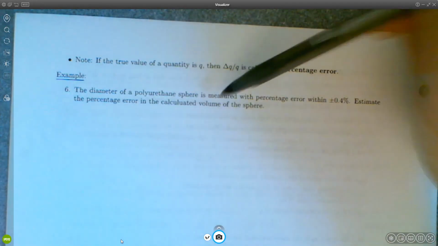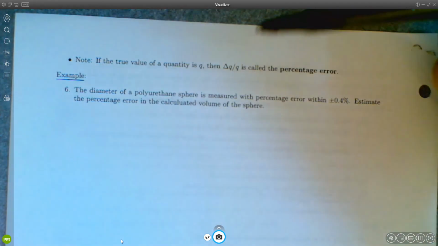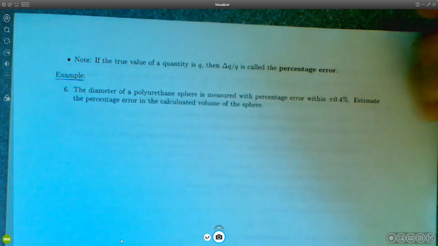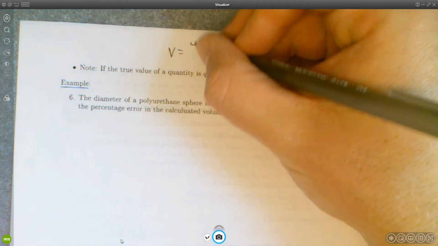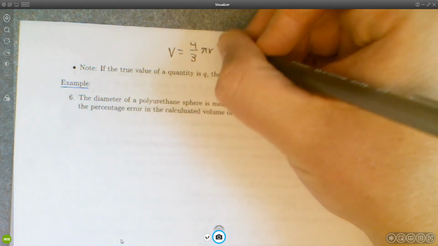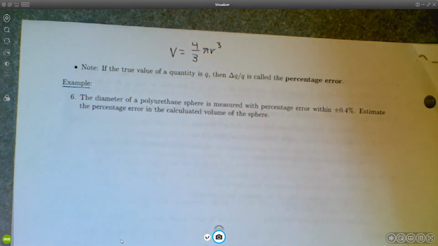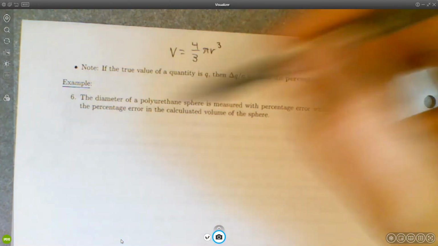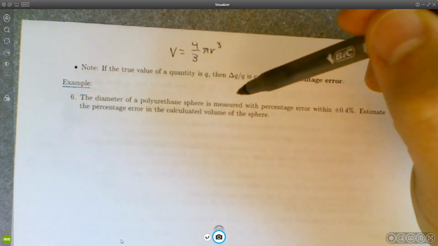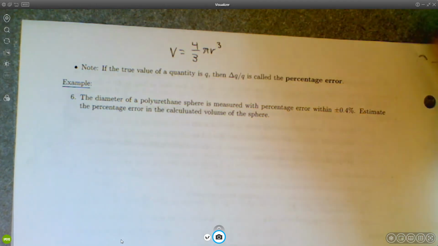We want to know the percent error of the volume of the sphere. Well, the volume of a sphere, or maybe you don't know this, is 4/3 pi r cubed. R is the radius though, and we were given the error rate in the diameter, but that's not a huge deal.